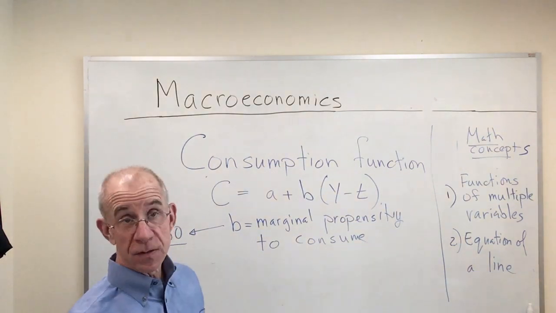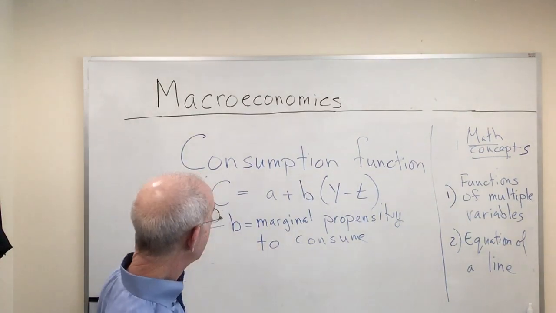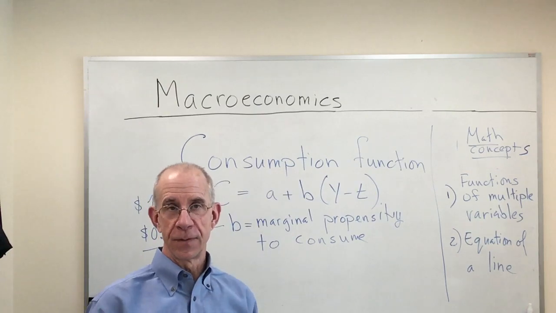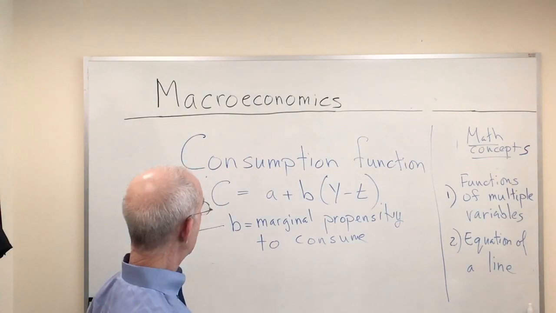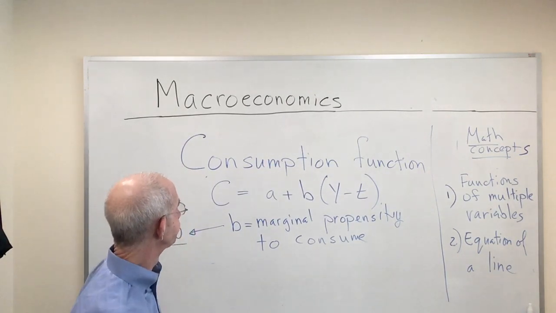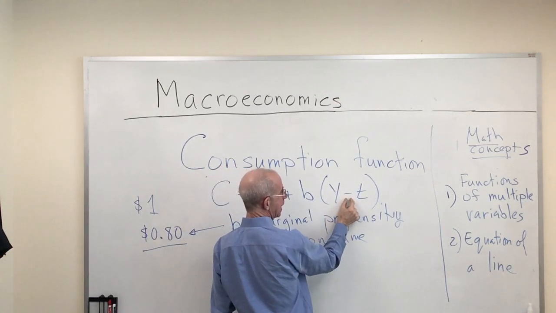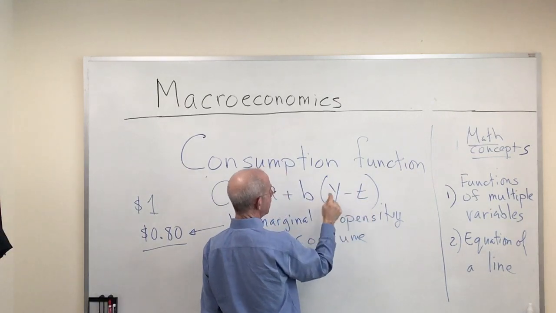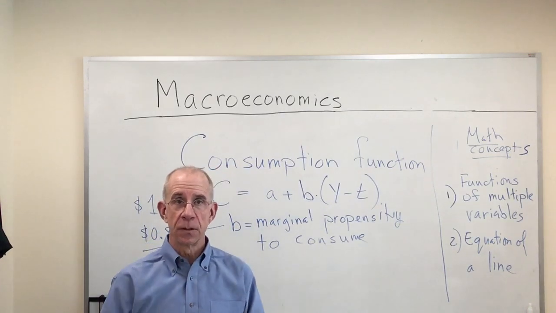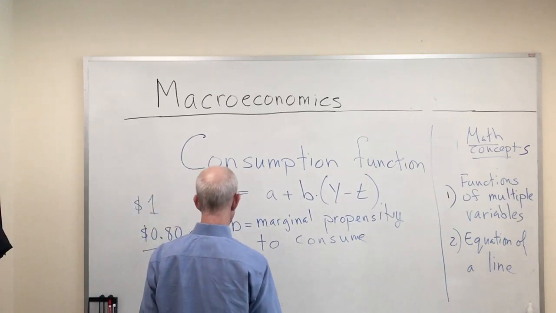And if we're talking about this consumption function for the economy as a whole, then this is the overall amount of income that will be spent on current goods and services. So here's why this is income minus the tax burden multiplied by B. That gives you how much extra consumption you will undertake.